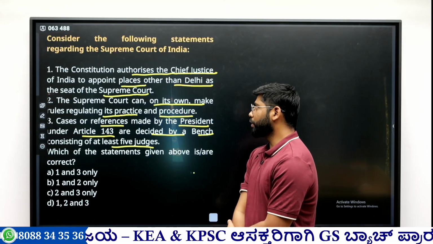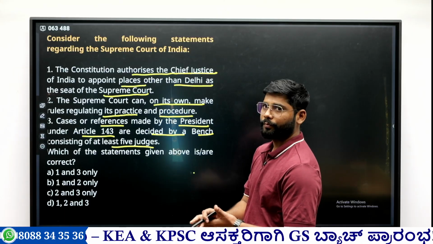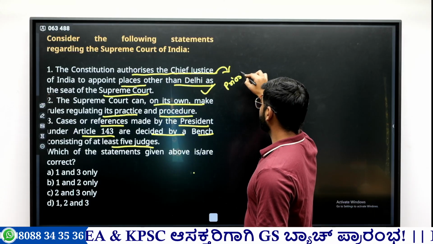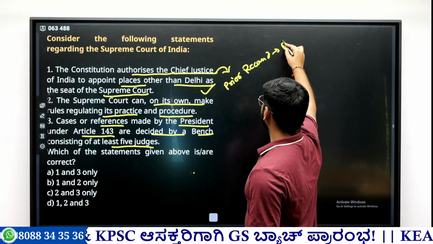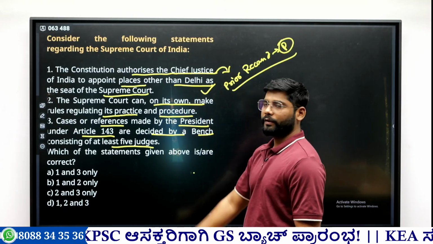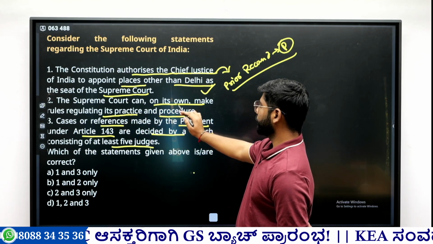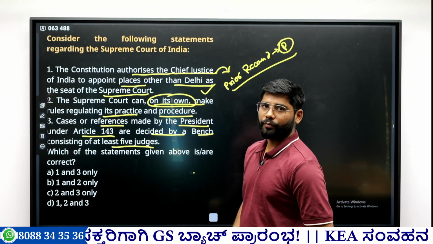Now the Constitution authorized the Chief Justice of India to appoint places other than Delhi as the seat of Supreme Court. Yes, but what does he need? He needs prior recommendation of the President. Okay, but still the first statement is correct. Second statement, the Supreme Court can on its own make rules regulating practice and procedure.